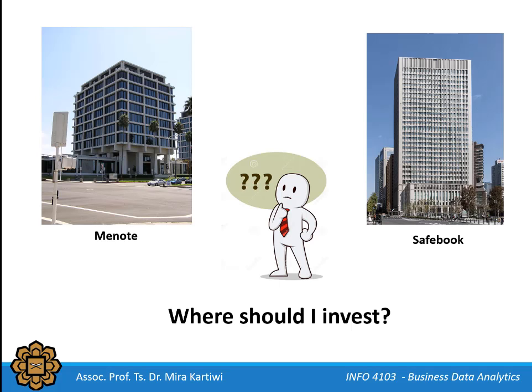Let's put the whole analysis in context. Say I have a friend and he's about to invest in one of the companies, but he's not sure which company he should go for. There's one company called MeNote, and another one is SafeBook. And he asked me, where should I invest?